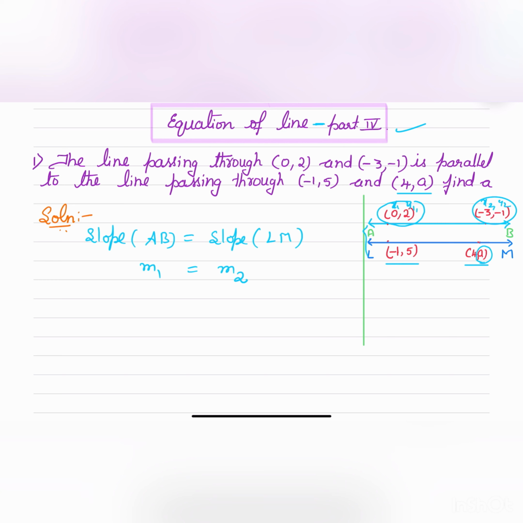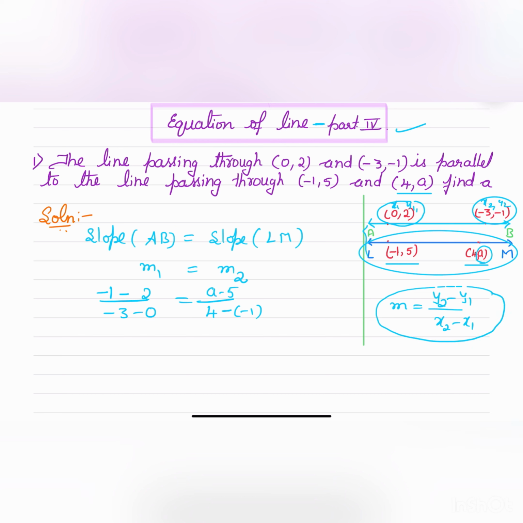This will be (-1 - 2) divided by (-3 - 0), and the slope of LM will be (a - 5) by (4 - (-1)). It's the same formula, m is equal to (y2 - y1) by (x2 - x1). This is the slope formula.